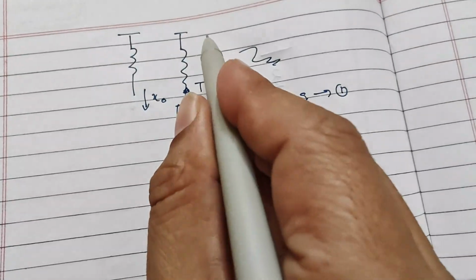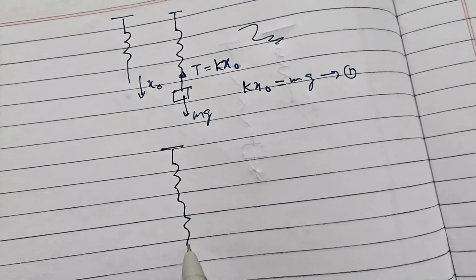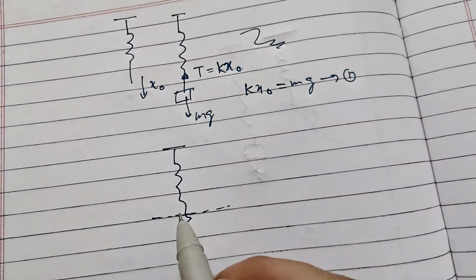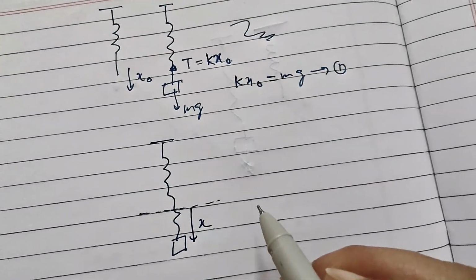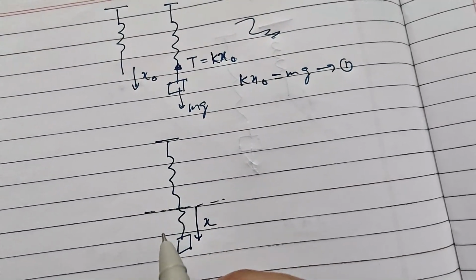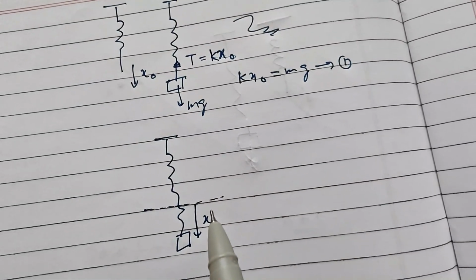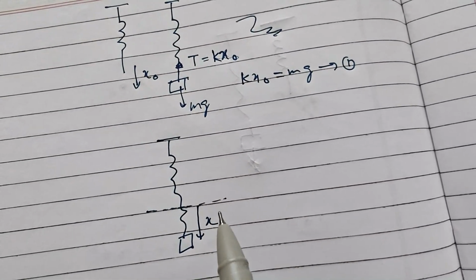Now if you further pull this down by x from equilibrium, let's say this was your equilibrium, and from here you have further pulled by x, then what is the total extension? X naught was already there. Now you have created extra displacement or extension x.